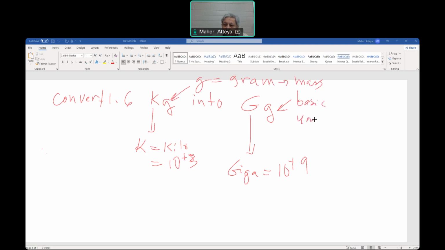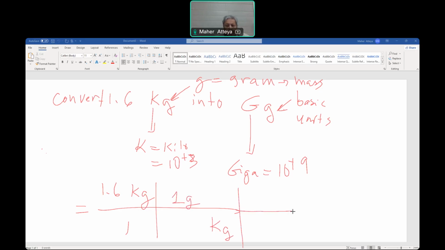So now, making a table here: 1.6 kilograms over 1. I need to get the kilogram out of my way, so I put kilogram here and go through the basic unit, which is 1 gram, the basic unit of the mass in the metric system.